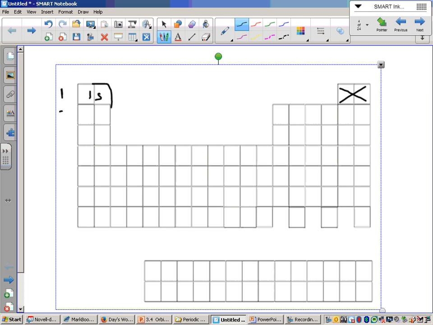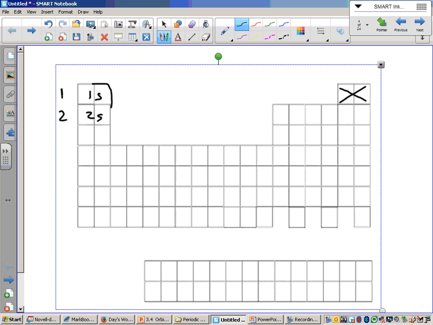Now we're into the second energy level. And for lithium and beryllium, these 2 electrons go into this 2s orbital. Now, notice how our periodic table is broken into these blocks that are 2 wide, 6 wide, 10 wide, and 14 wide.